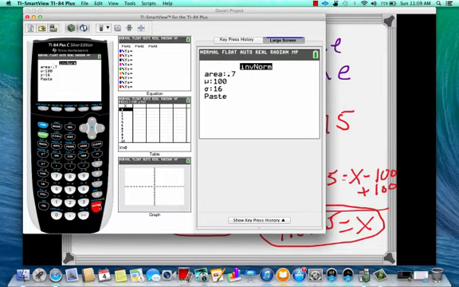We're looking for the 75th percentile. Now, that percentile is actually an area. We're looking at the area to the left of a certain score. So since we're looking for the 75th, I need to punch in 0.75.